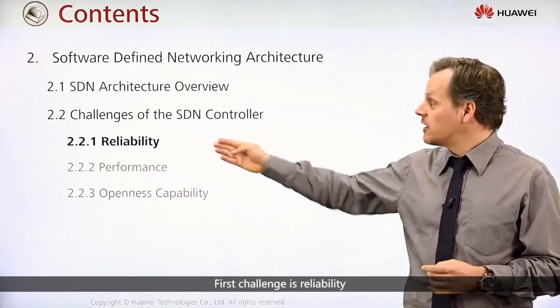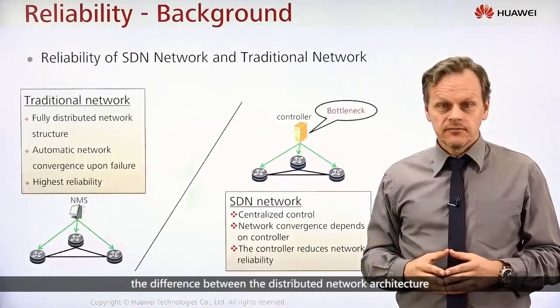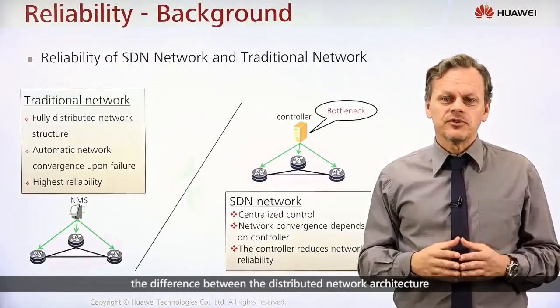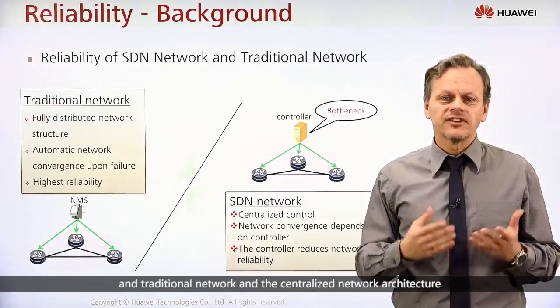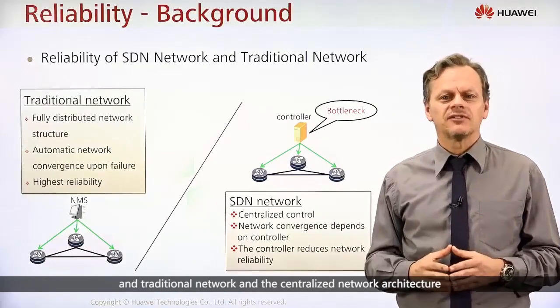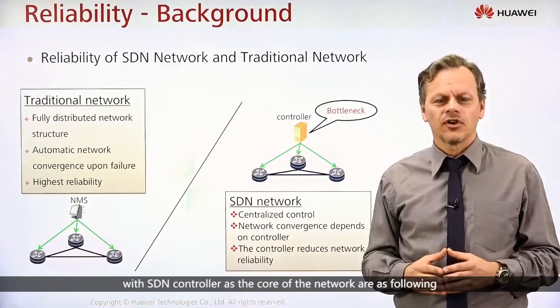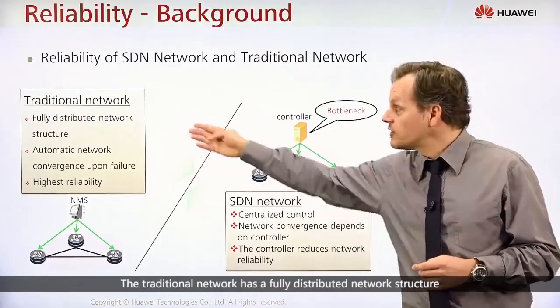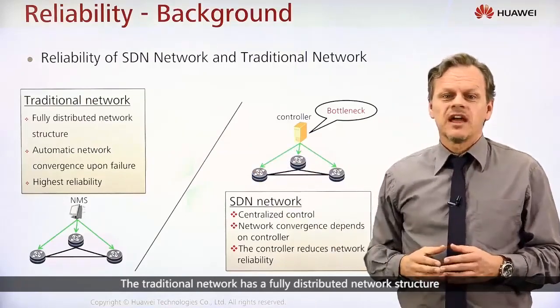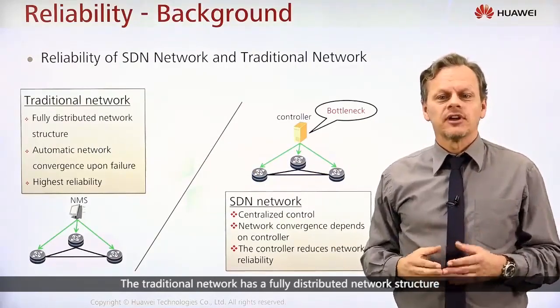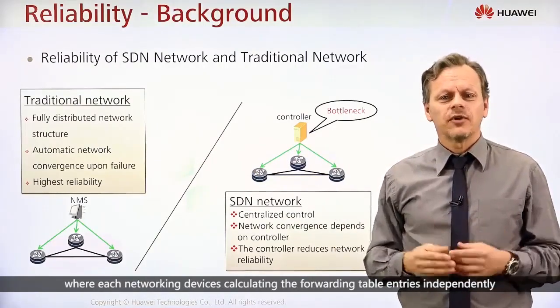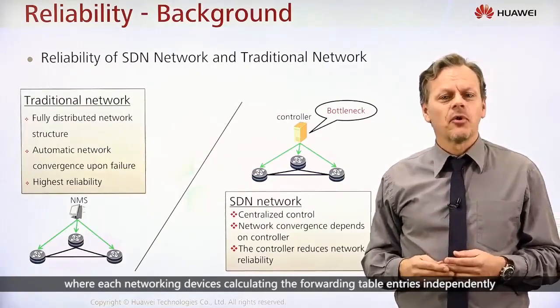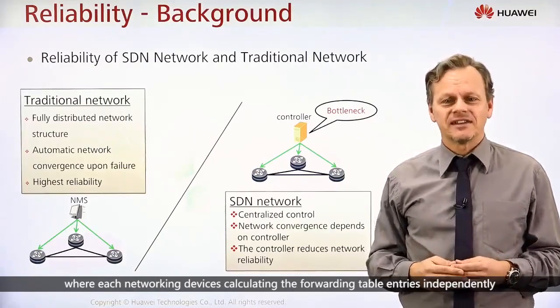Now we will look at the challenges an SDN controller has to face. First challenge is reliability. The difference between the distributed network architecture in traditional networks and the centralized network architecture with SDN controller as the core of the network are as following. The traditional network has a fully distributed network structure where each networking device is calculating the forwarding table entries independently.